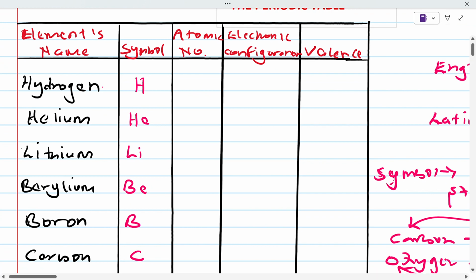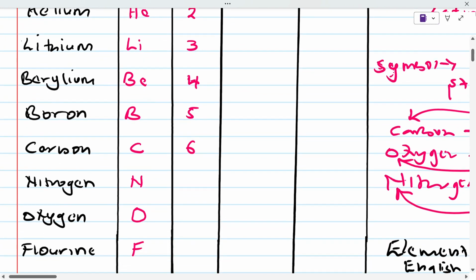Now moving to the atomic number. As I explained earlier, atomic number is just the number of protons found in the nucleus of that given atom forming that element. So we just number it from 1 to the last one. So for this, hydrogen is 1, helium is 2, we just list them that way all the way down.